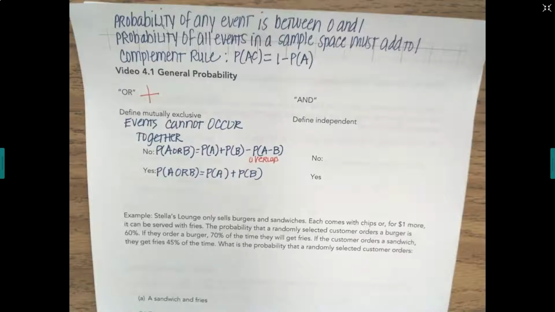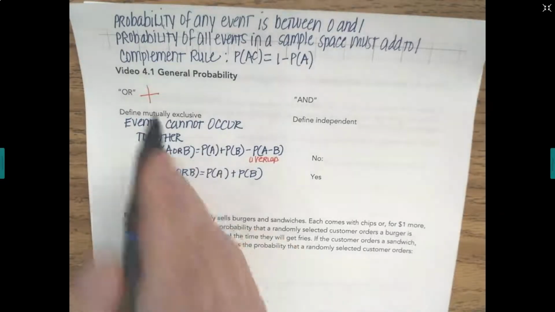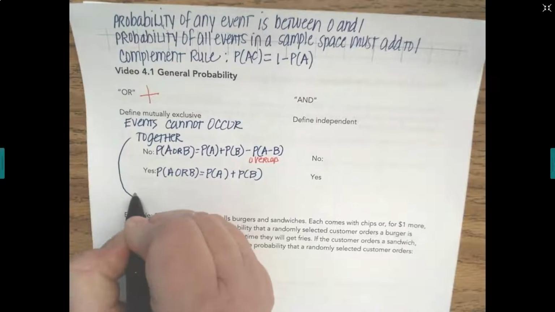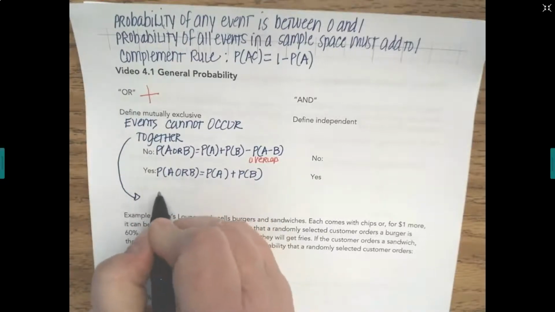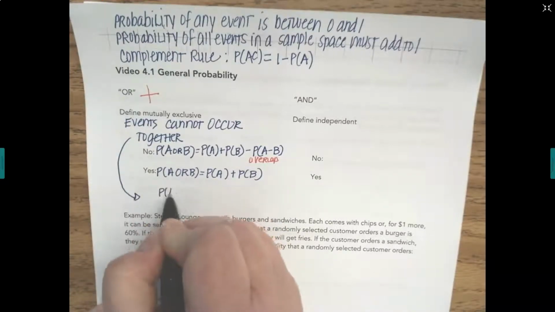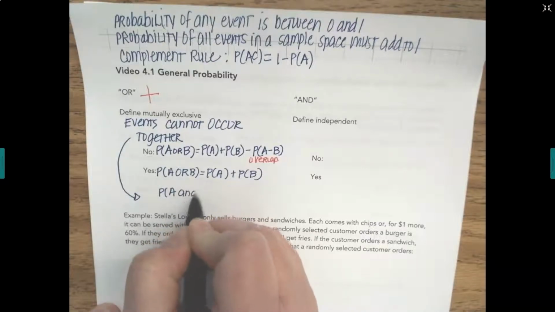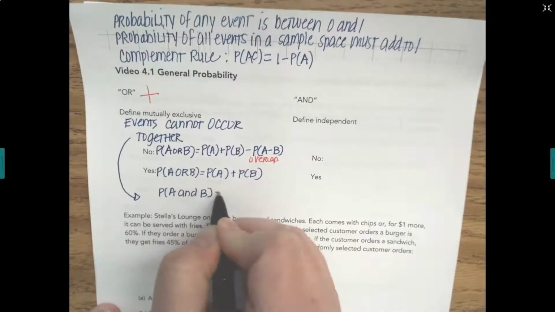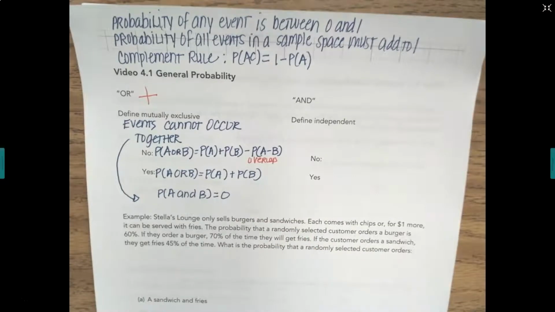So to put this in some math terms, events that cannot occur together, mutually exclusive, is the probability of A and B equals 0. There's zero chance they're going to occur at the same time. Now, that's mutually exclusive. That's going to be an OR. That's when we're adding.